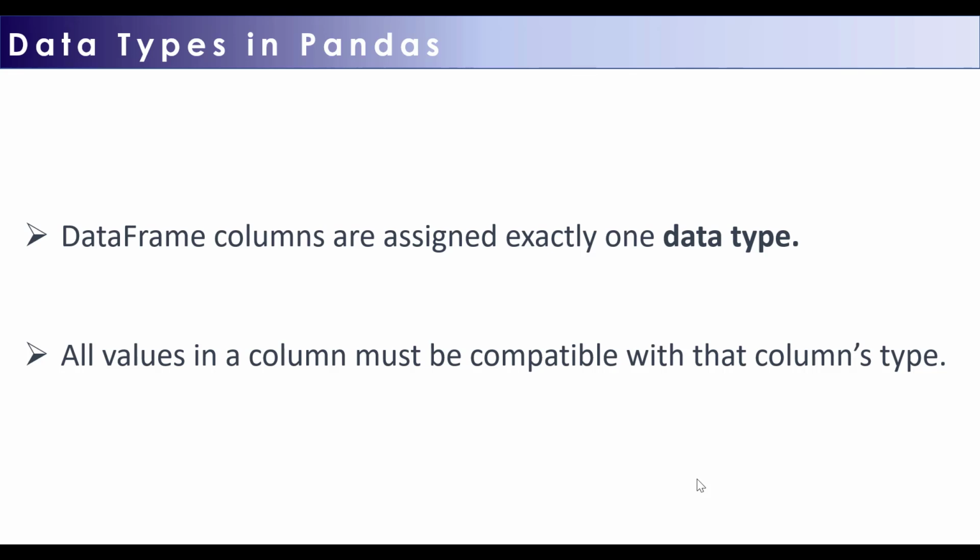Okay, so now we know that Pandas DataFrame columns each are assigned a data type. But given that, it might also be useful to know what kinds of data types exist in the Pandas universe that the columns in our datasets might be assigned to.